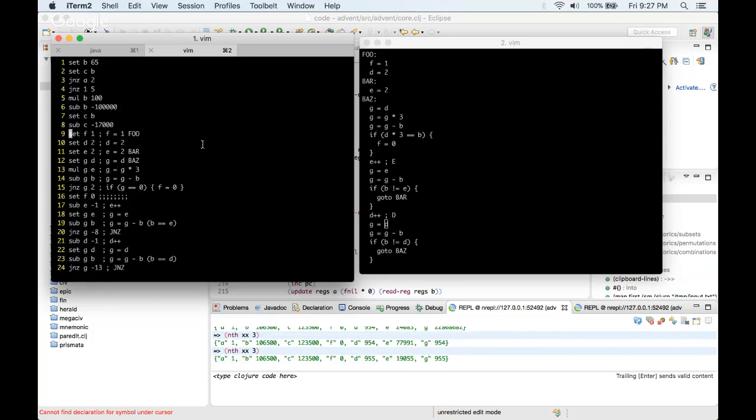So maybe we could change this program to reduce some of these values.